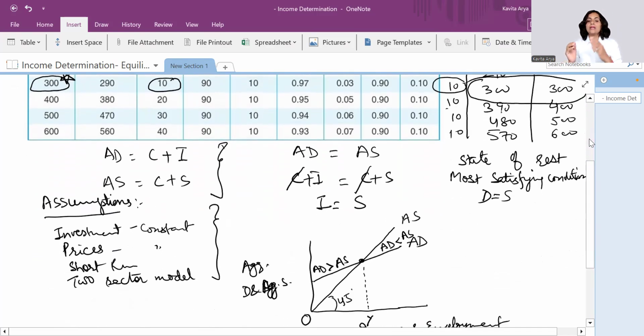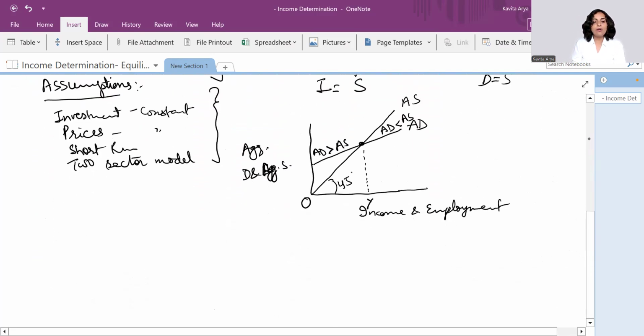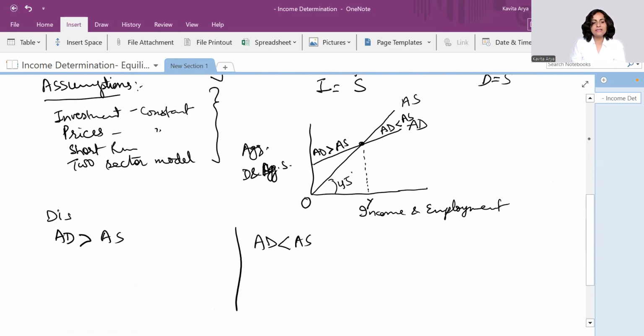Now, whenever we explain equilibrium, we also give the situations of disequilibrium. What then is the situation of disequilibrium? AD is greater than AS or AD is smaller than AS. These are the situations of disequilibrium. And I did tell you that in this chapter and the previous chapter, everything is on an ex ante basis.